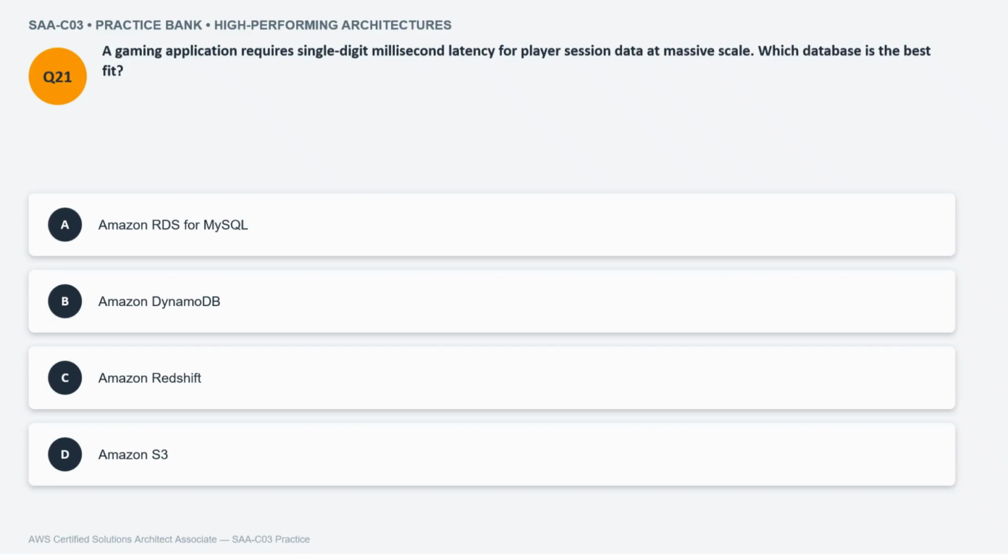So Amazon DynamoDB will be the right answer because Amazon DynamoDB is a managed NoSQL database purpose built for consistent and single digit millisecond performance at virtually unlimited scale. So here we have a massive scale, that is going to be unlimited scale, and a single digit millisecond latency. Whenever we have to talk about latency, we can go and check with the NoSQL database. So DynamoDB is the NoSQL database.